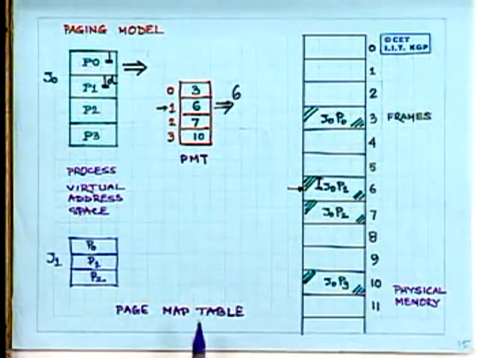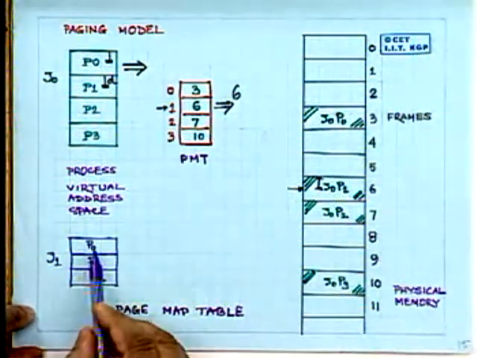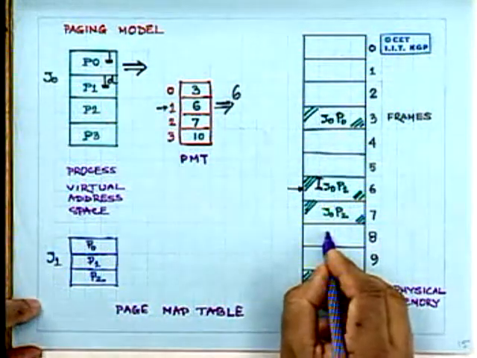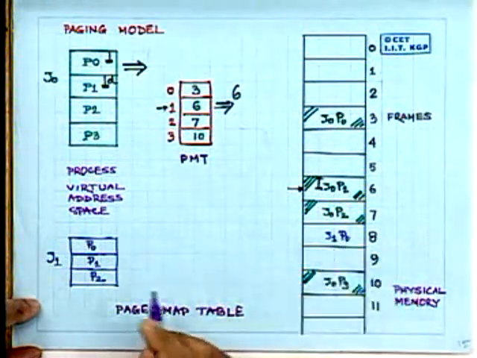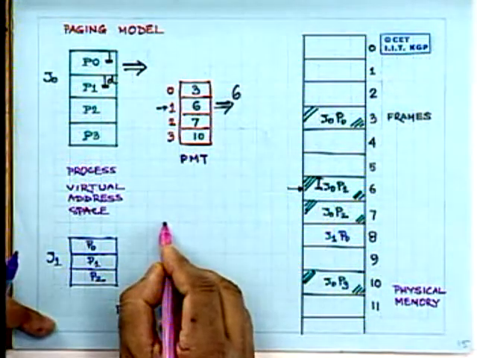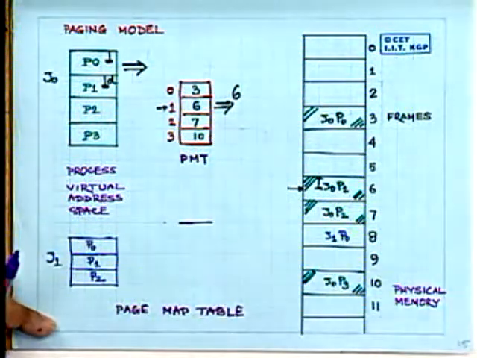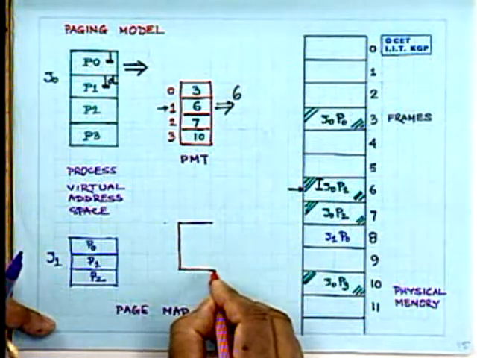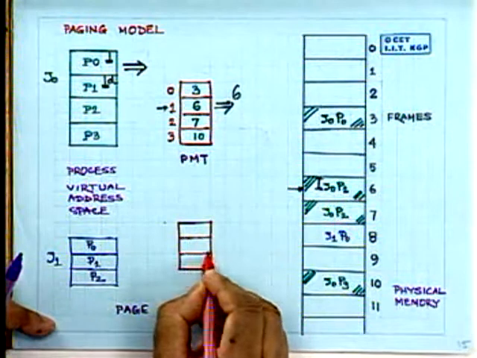Okay. Now here there are many frames that are available. Say for example that page P0 of J1 is loaded here. That means this is say J1 P0. Correspondingly, the operating system immediately creates another page map table which has 3 entries.